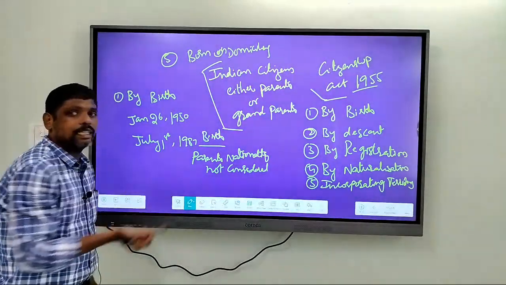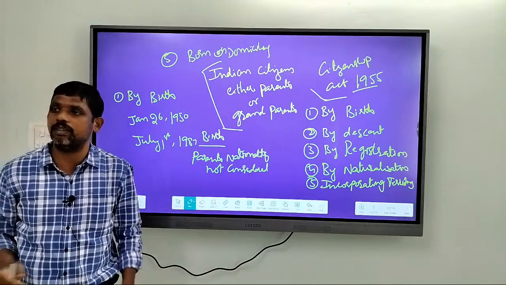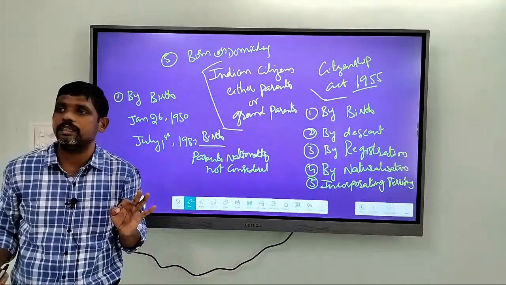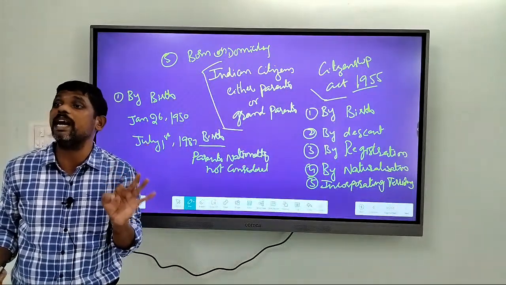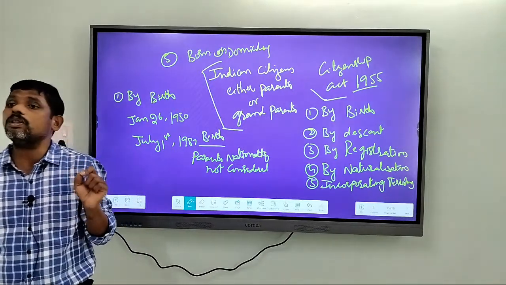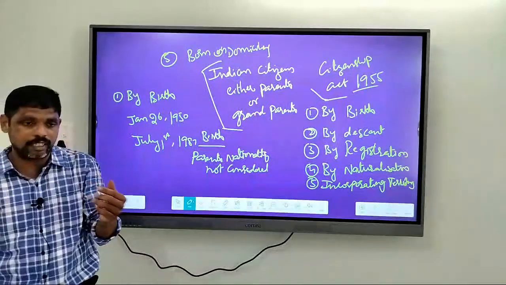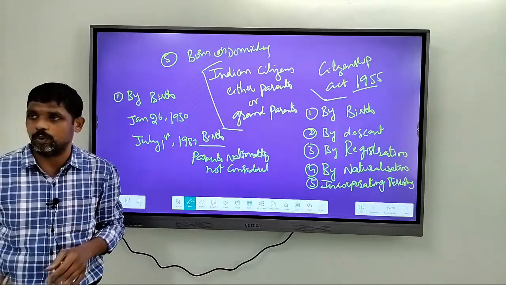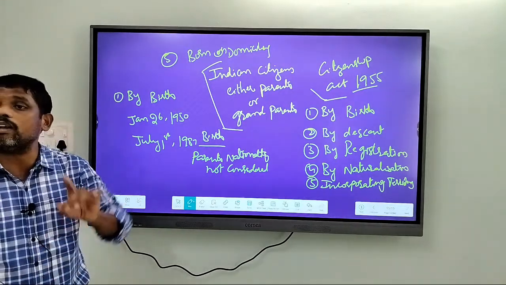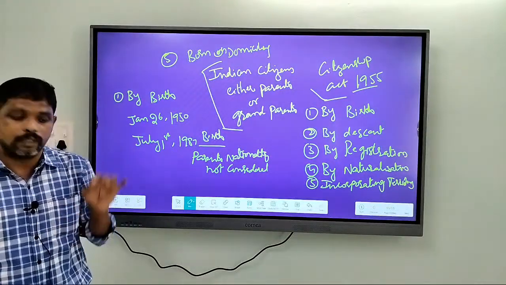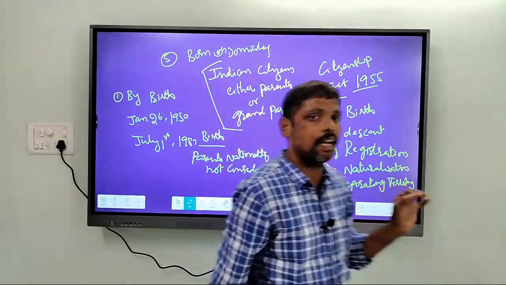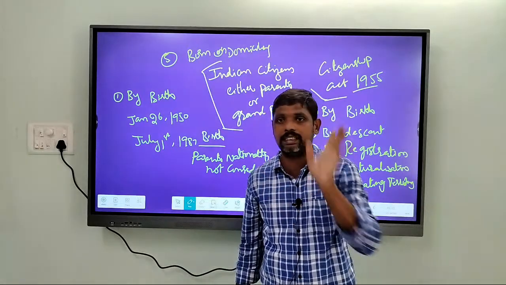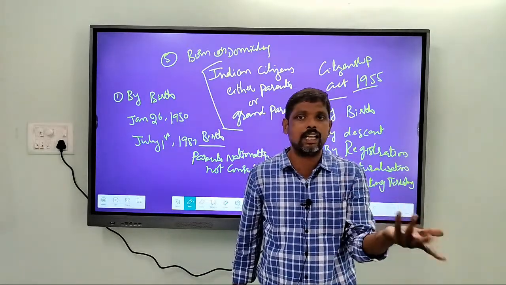But later the laws were changed. Not only by birth, either of the parents should be an Indian citizen. So all those individuals who are born between July 1st, 1987 and December 3rd, 1992 are treated as citizens of India, provided the individual was born in India and either of the parents, father or mother, is an Indian citizen.